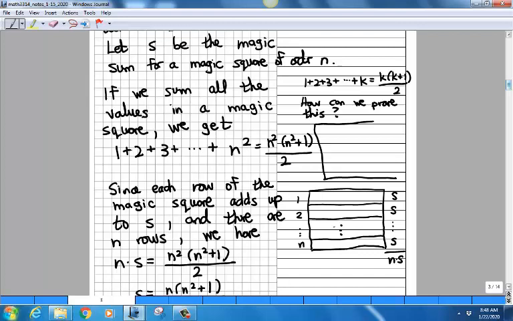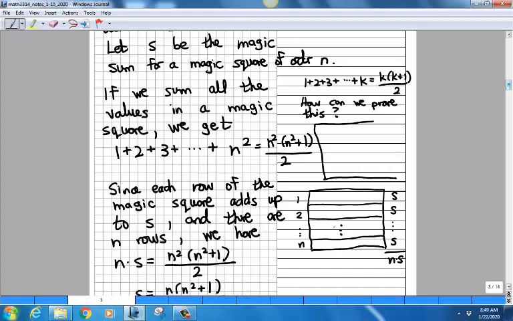For a particular choice of n, that is, for a particular order, you can't have lots of different magic sums. It's always the same magic sum for that order. It's just a matter of how you fill in the squares with the integers 1, 2, 3 up to n squared, so that the rows, columns, and diagonals add up to that magic sum. But you can figure out what the magic sum is quite easily, and I'll show you how to do that.